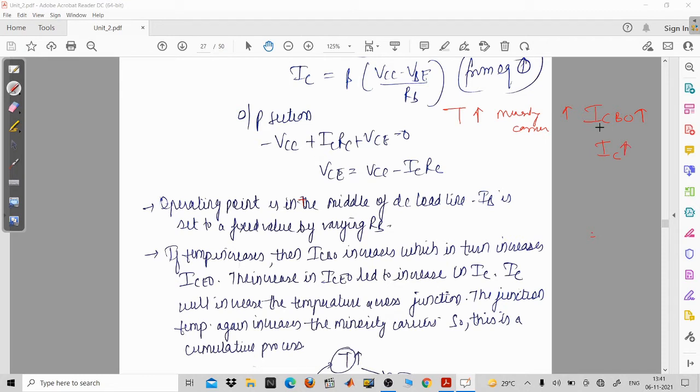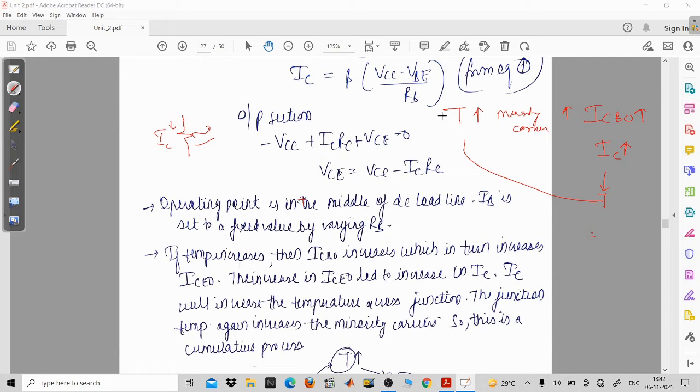And when there is a collector current, you can see from the circuit, the collector current flows through the RC. So when IC enters the RC, there will be a heat loss, and because of that the temperature increases again. So this cycle will repeat.